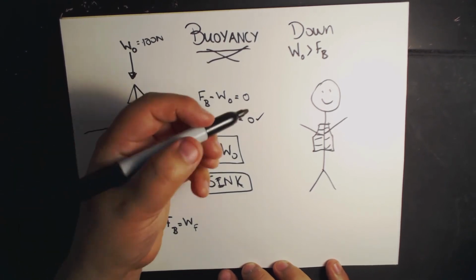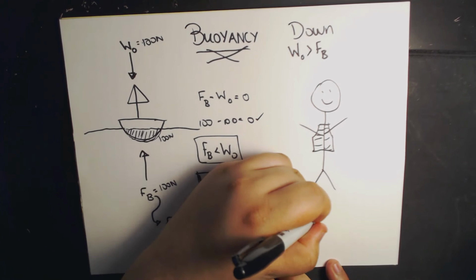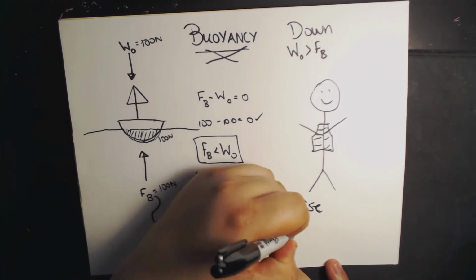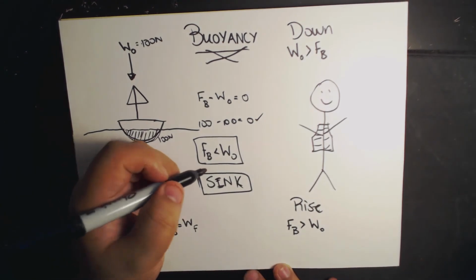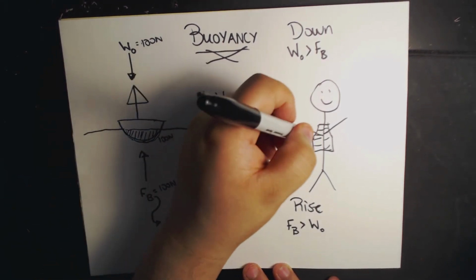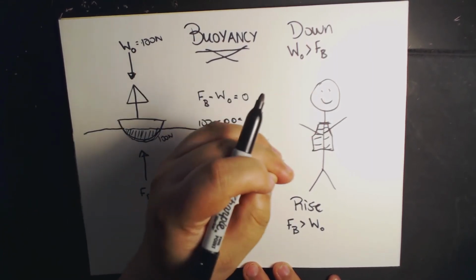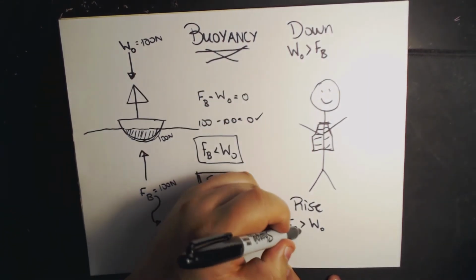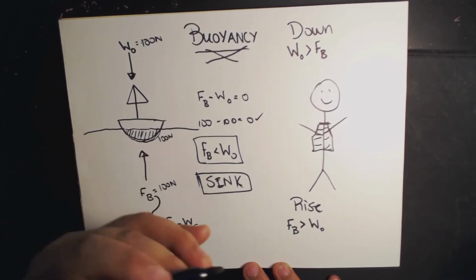Now, if she wants to come back up, say she's done for the day, she's ready to go back to the boat, we want the buoyancy force to be greater than the weight of Jill. To do that, what most scuba divers do is they'll have certain bladders in their vest or in their wetsuit that will take in air so that the volume of Jill increases, but not necessarily the weight.